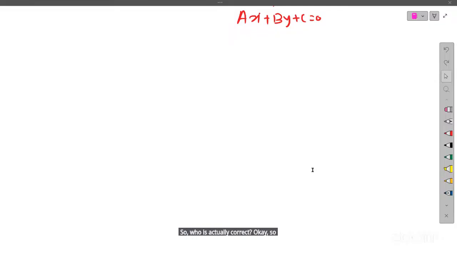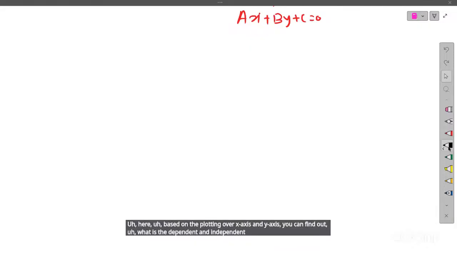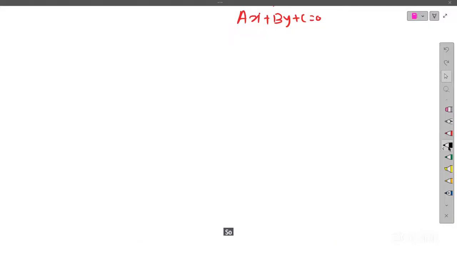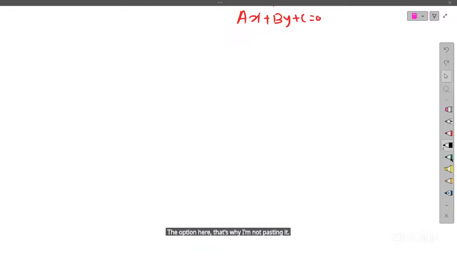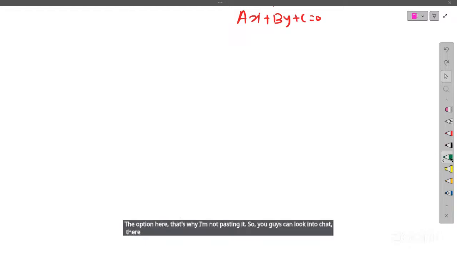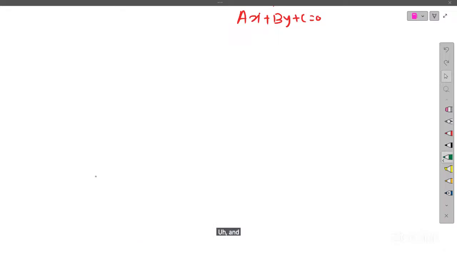So what you need to do first is, based on the plotting over the x-axis and y-axis, you can find out what the dependent and independent variables are. You guys can look into the chat, there is one question, and in that question some Q is given to you.